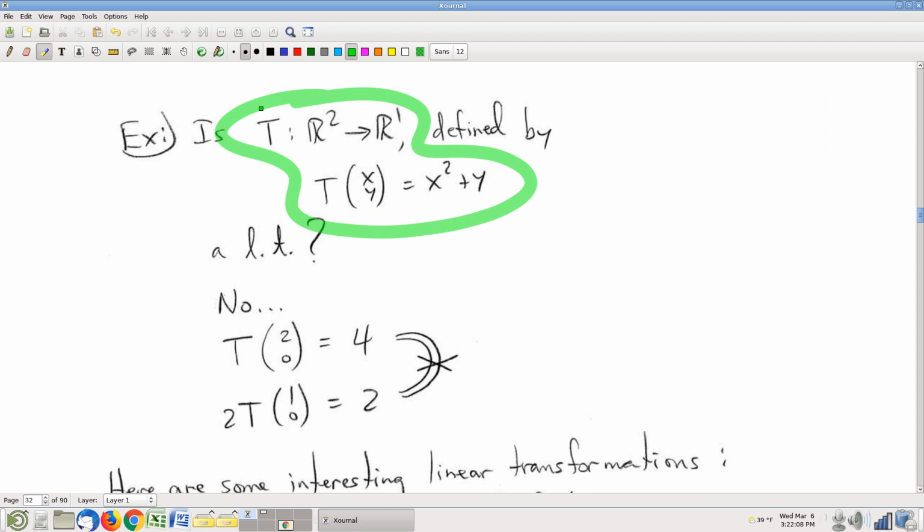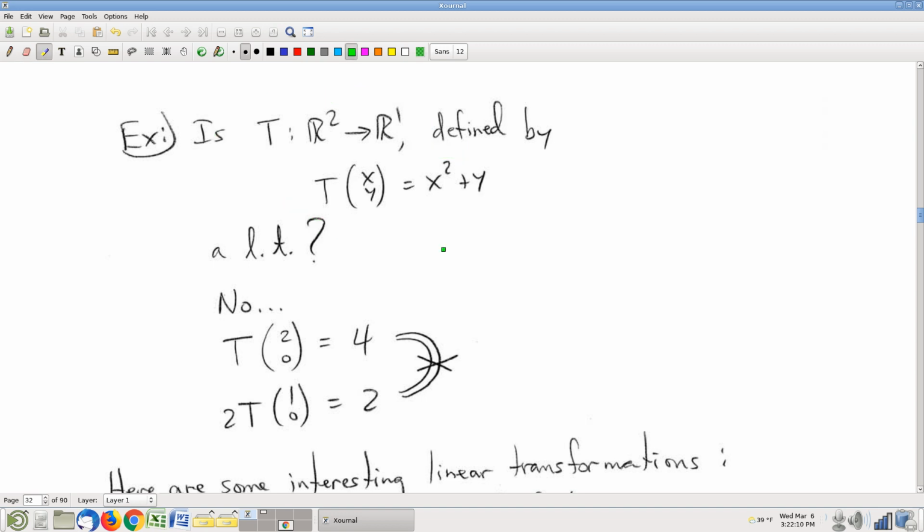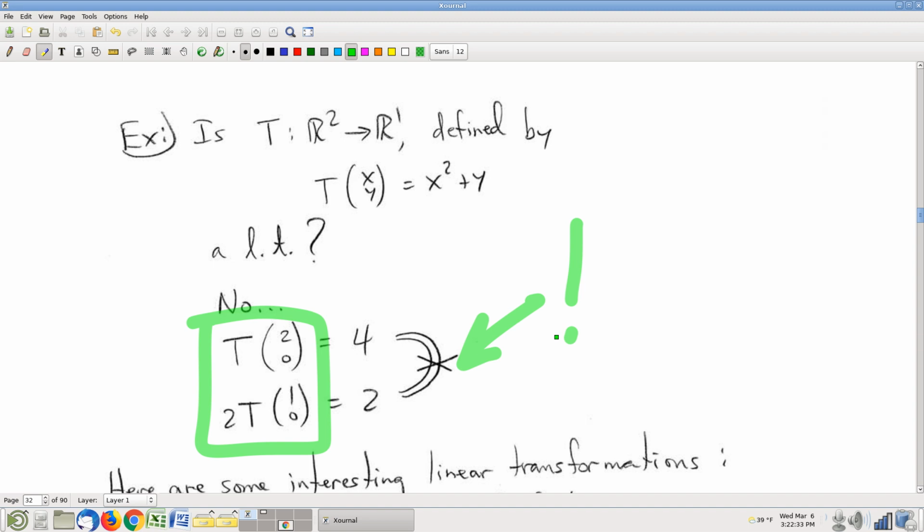Nothing wrong with that as a function. I can easily confirm this value of the function, and I can easily confirm that value is 1, and therefore this equation is true. The thing about it is, if this were a linear transformation, these two things should be equal. But they aren't. So therefore, this is not a linear transformation. It does not satisfy the linearity condition.